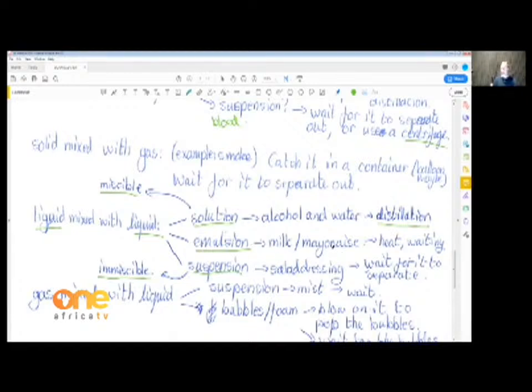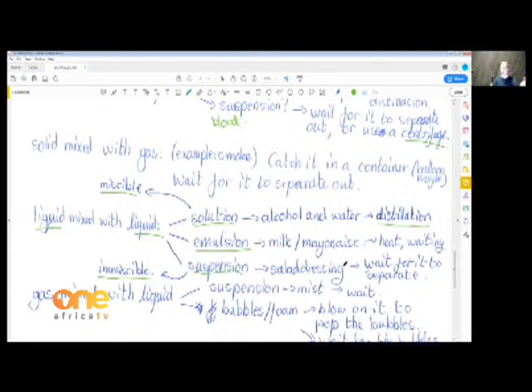Or in your salad dressing, those bottles of salad dressing that you buy, you normally have a layer of some kind of oil or something, and then some wateriness, some herbs floating around, something like that. So that would be an immiscible fluid mixture. So miscible means that it is two liquids that can dissolve into each other, and immiscible means that it's two liquids mixed together that can't dissolve into each other.